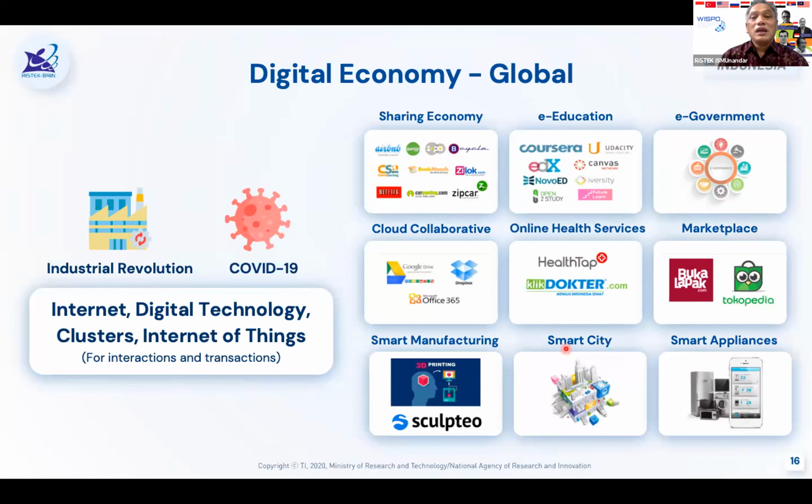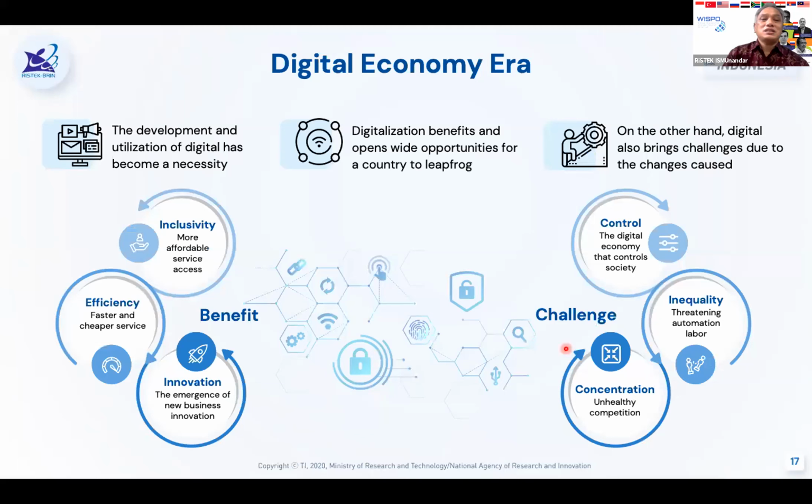So Indonesia, of course, in this digital era, if we can summarize, the digital economic era has some benefits, that is inclusivity, efficiency, and also opportunities for innovation.